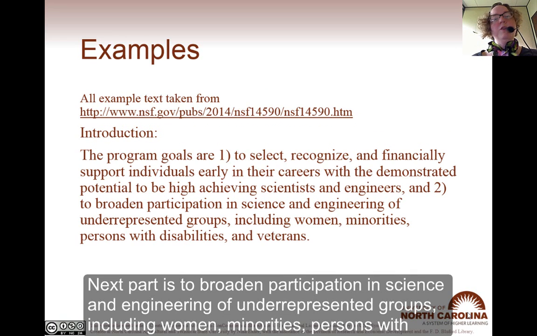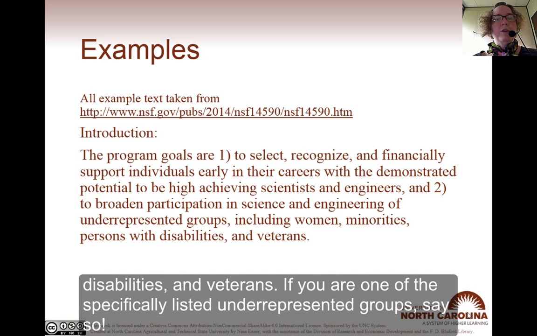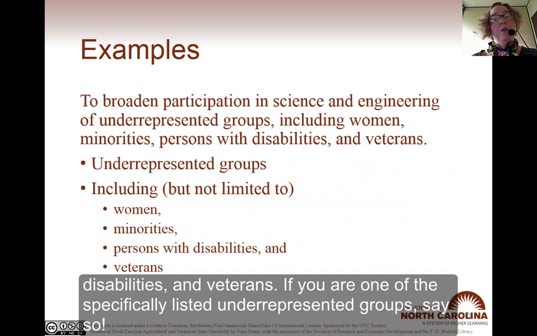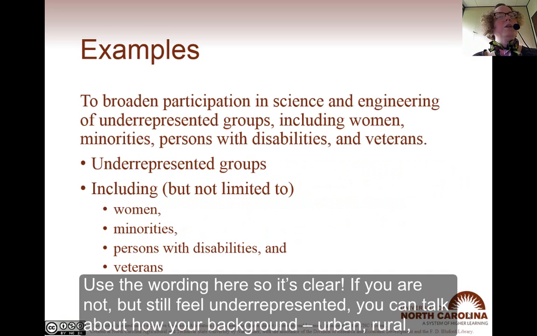The next part is to broaden participation in science and engineering of underrepresented groups, including women, minorities, persons with disabilities, and veterans. If you are one of those underrepresented groups, say so. Use the wording here so it's clear.